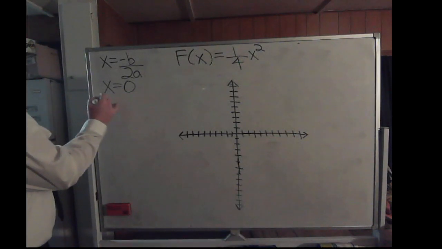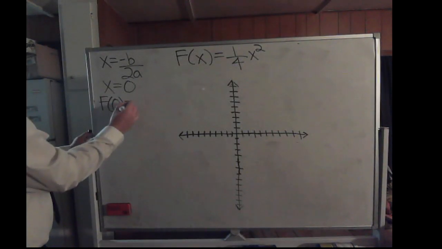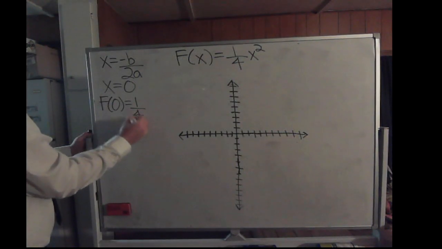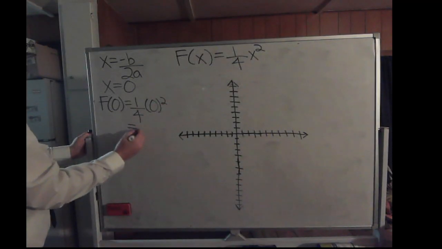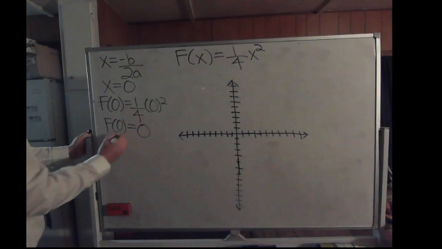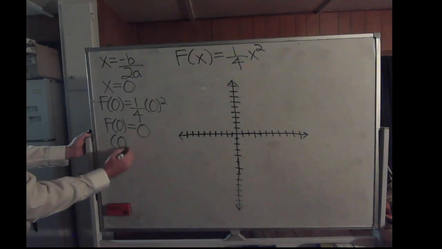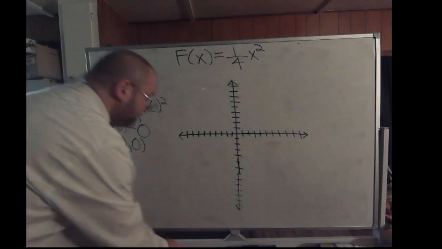So now you just simply put in f of 0 to get the y-coordinate. That'd be 1/4 times 0 to the second, which we know is just 0. So f of 0 equals 0. So the coordinate of the vertex is at 0, 0. In other words, the origin.